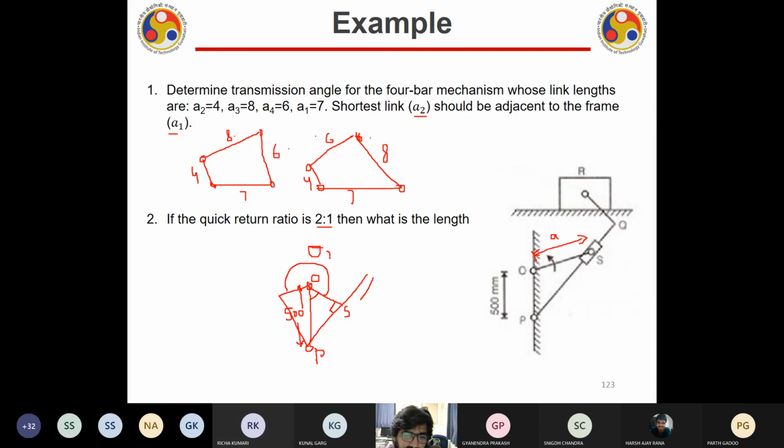Assume this is theta2 and this is theta1, the bottom one. Then you tell me, the total angle I'm telling, what is given to you? Theta2 by theta1 is given to you. How much is it? 2/1. Correct? What else do you know? This is equation 1. How can I get another equation between theta1 and theta2?